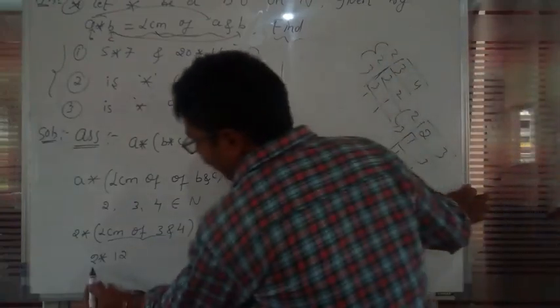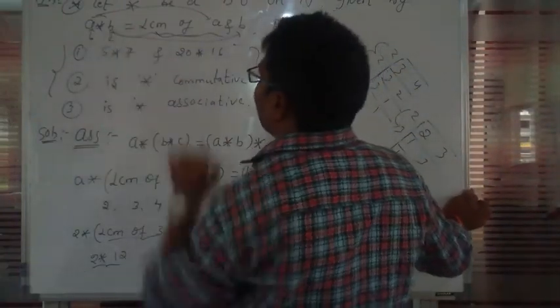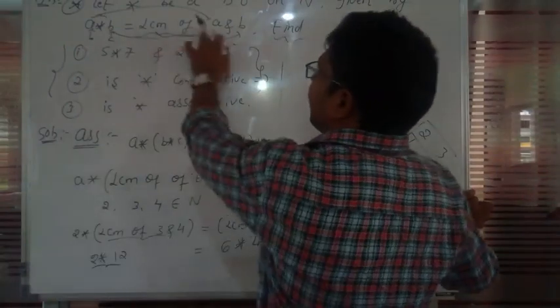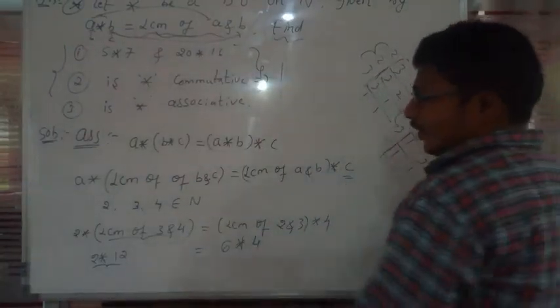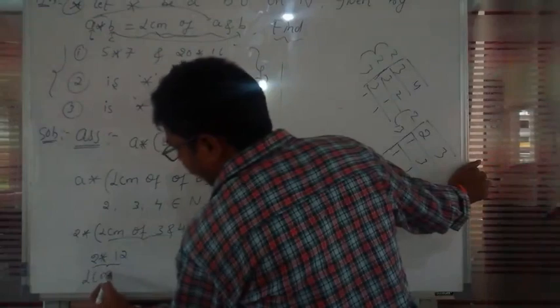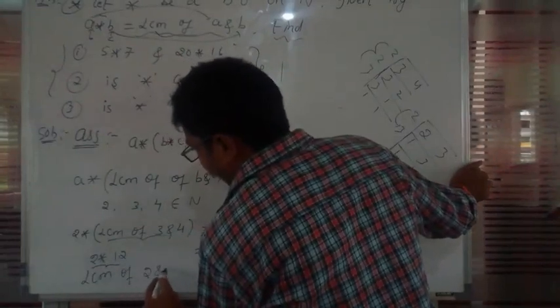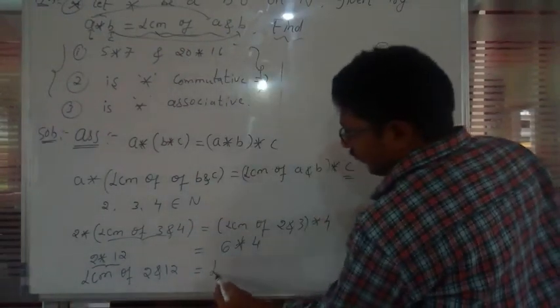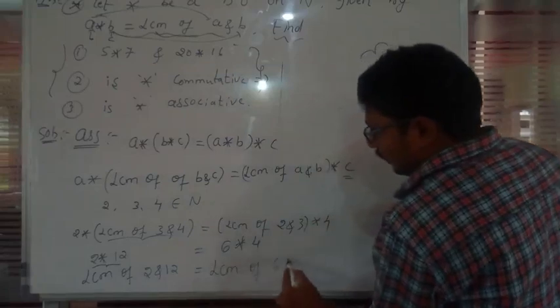Again we apply the star definition: A star B is LCM of A and B. So 2 star 12 is LCM of 2 and 12, and on the other side LCM of 6 and 4.